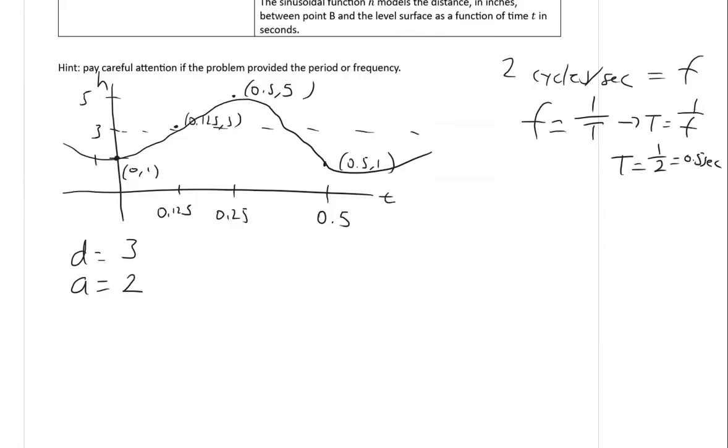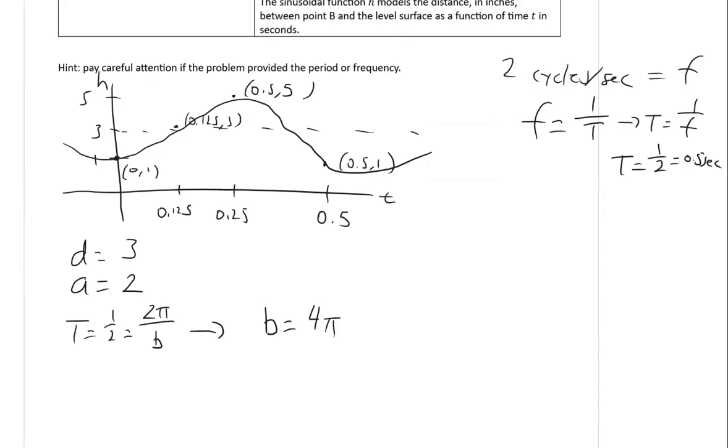Or to go from 3 down to 1, that's minus 2. But for amplitude, we want to make things positive, no reflections, okay? For modeling with simplicity, okay? Period is half, as we said, which is 2 pi over b. So then that means b is equal to 2 pi times 2, which is 4 pi.